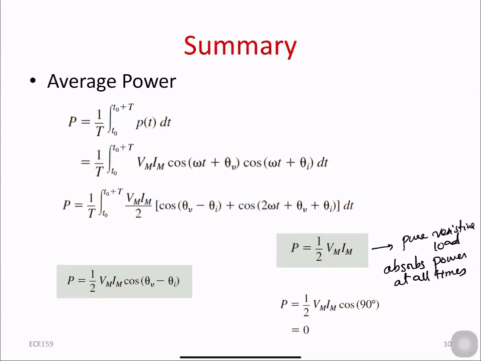However, this case is a pure reactive load, so it absorbs 0 average power, right? So this is how we evaluate average power and instantaneous power. Thank you very much.